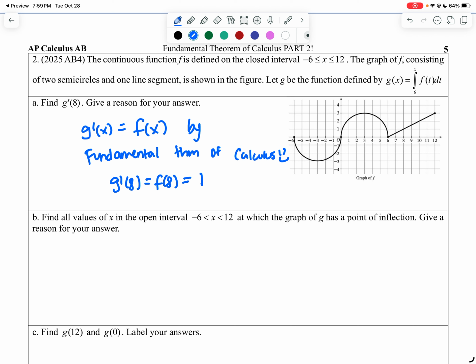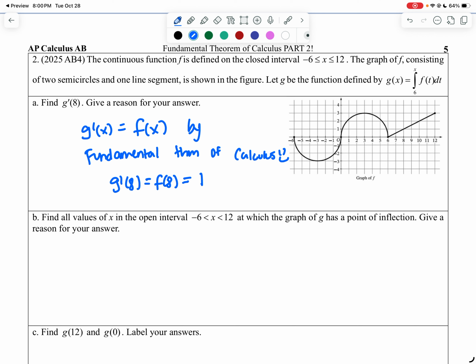All right, so for part B, it says find all values of x in which the graph of g has an inflection point. Give a reason for your answer. Now, remember, g has an inflection point when the second derivative is 0 and it changes signs. The problem is, remember that you want to justify based off of the graph.